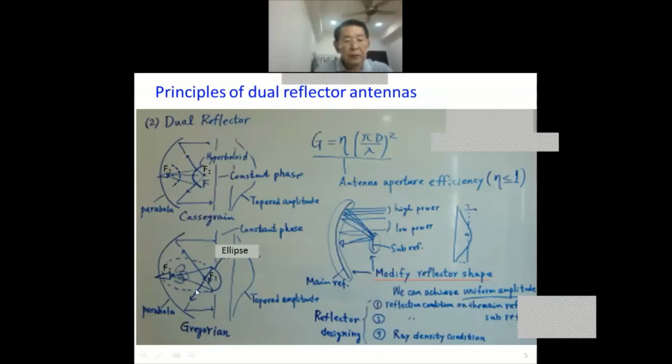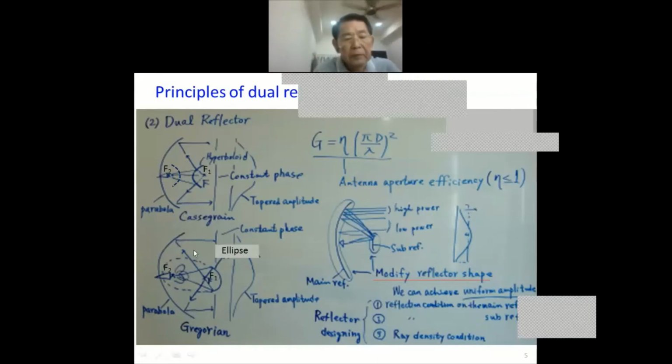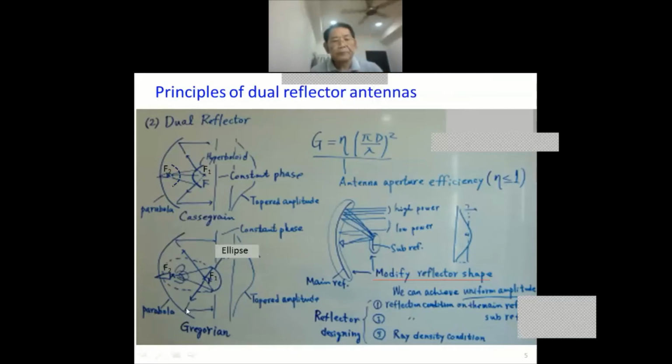So the reflected wave becomes all parallel, forming like a parabola antenna. So this can also achieve very high gain.